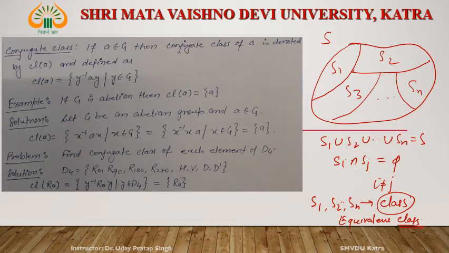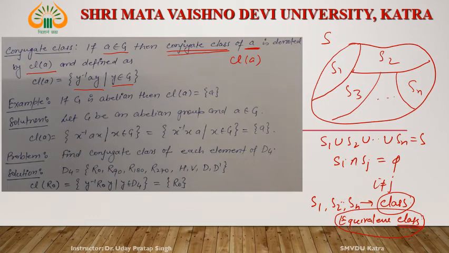Then if A belongs to G, since our relation is an equivalence relation, we call this class the conjugate class. The conjugate class for any element A is denoted by CL(A), and is defined as Y inverse AY, where Y is an element of G.